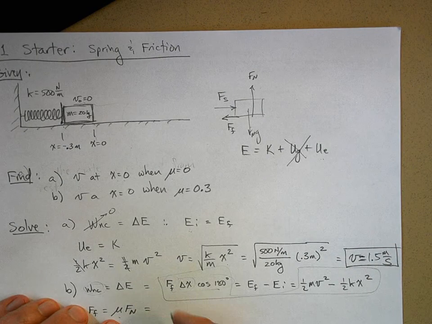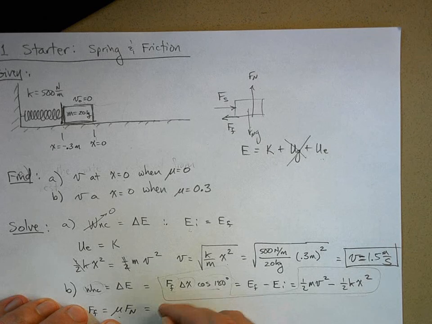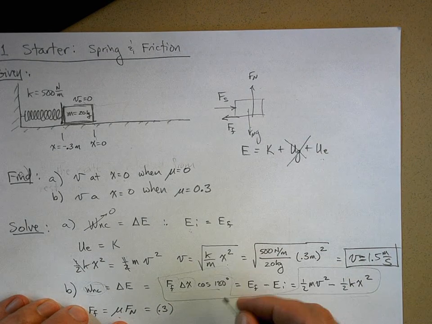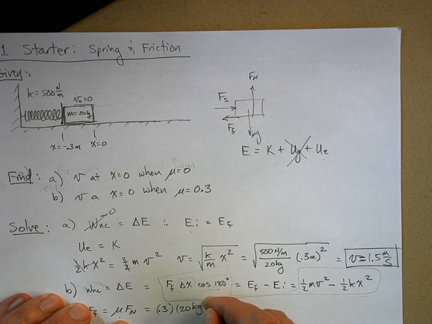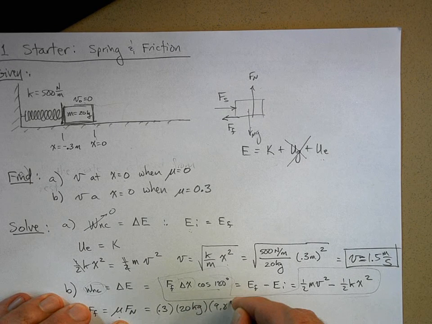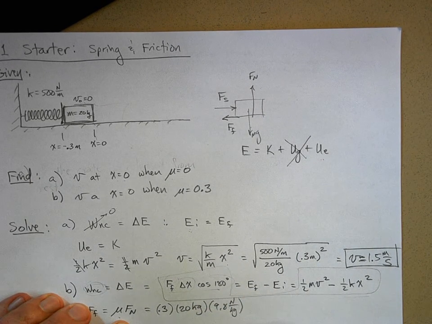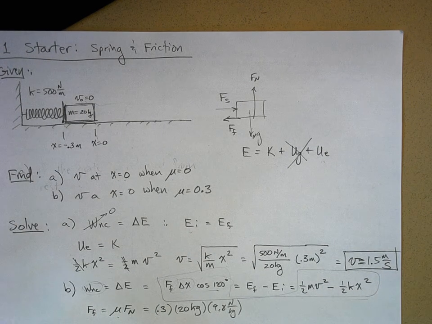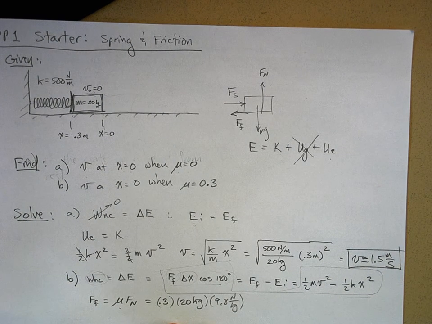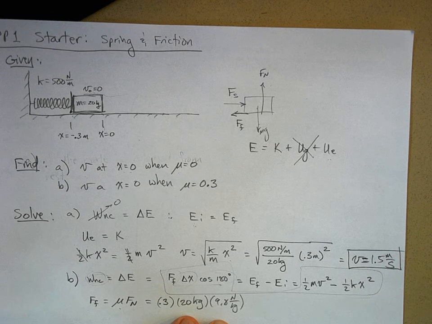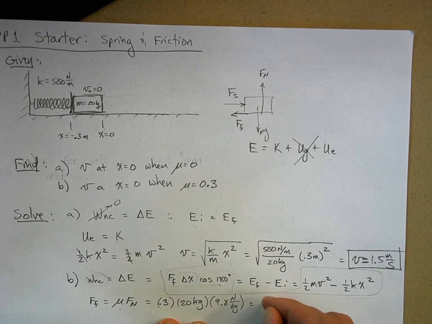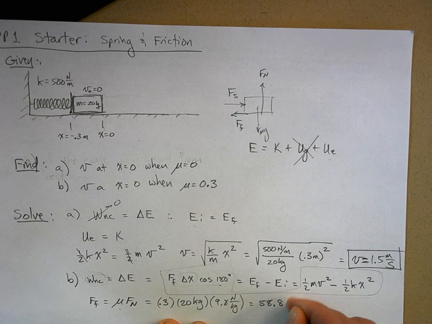So this is mu, which is 0.3, times the normal force, which is just the weight: 20 kilograms times 9.8 newtons of force per kilogram of mass, or you can use meters per second squared if you like. Let's just calculate these as we go. It's a little bit easier to understand if we do it that way. 20 times 9.8, and I got 58.8 newtons.